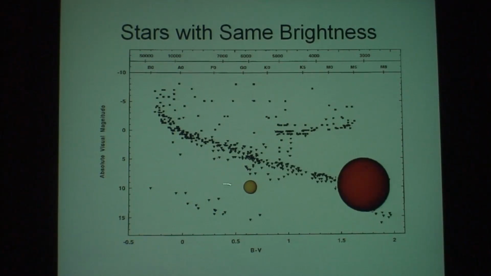So if these two stars are the same brightness, that means this one must be 16 times bigger in area than this one. 16 times bigger in area means it's 4 times as big in diameter. So now we've got an understanding of what the position on the diagram means. So I think that's enough background.